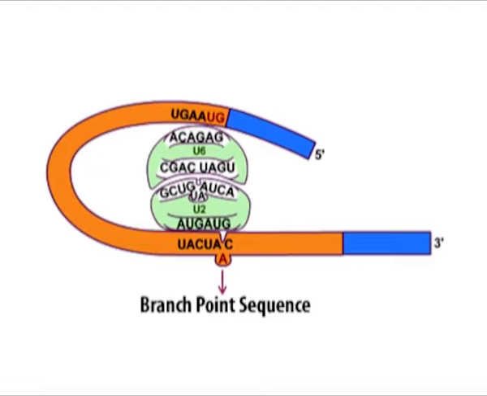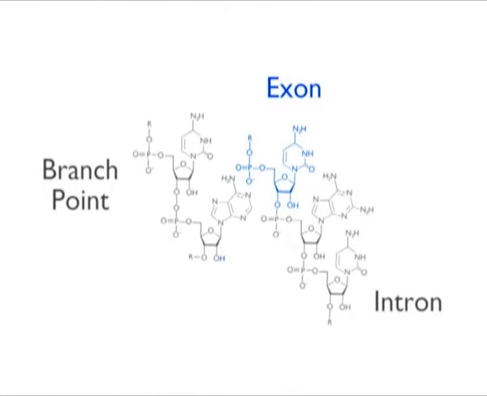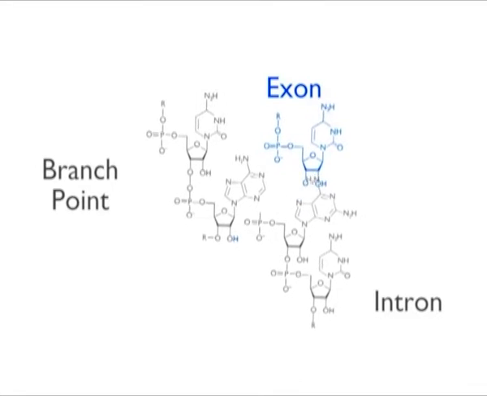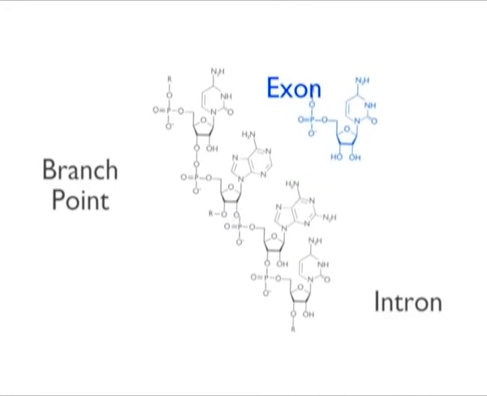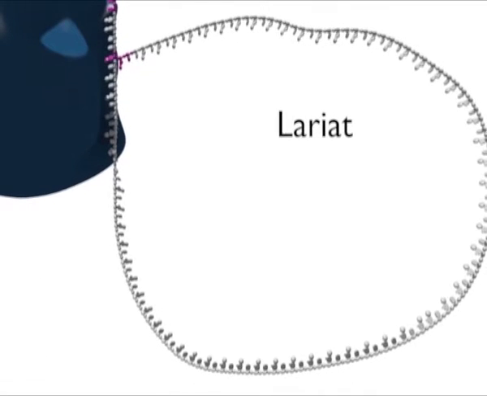U4 is also released from the complex, allowing U6 to interact with U2 through RNA-RNA base pairing. The interaction of U2 and U6 creates an active site that juxtaposes the 5' splice site and branch site, facilitating the first trans-esterification reaction. The intron forms the lariat as described earlier.